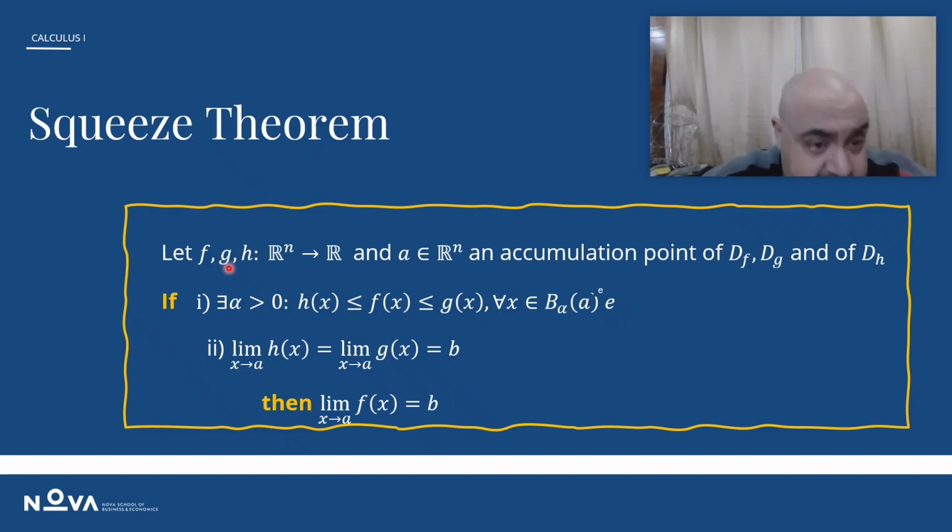So if you notice, I have F, G, and H within the domain of Rn that will be mapped into R. If A belongs to Rn and it is an accumulation point of the domains of functions F, G, and H, and there exists alpha greater than 0 where h of x is less than or equal to f of x, which is less than or equal to g of x, where x belongs to all of them. So if the limits of h and g equal b, f of x must equal b.